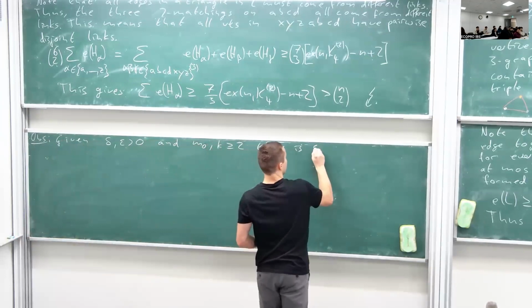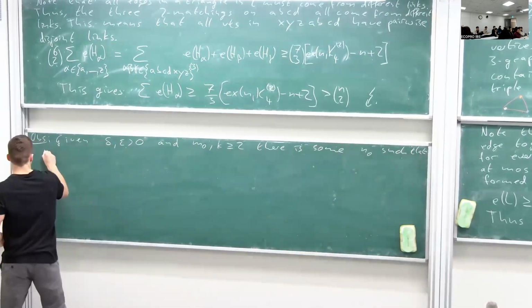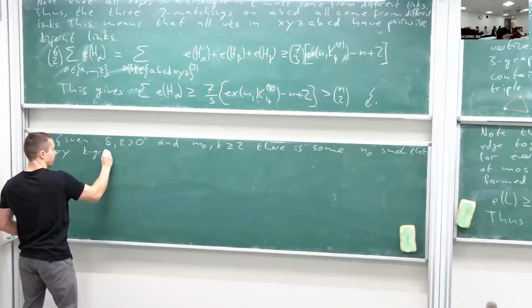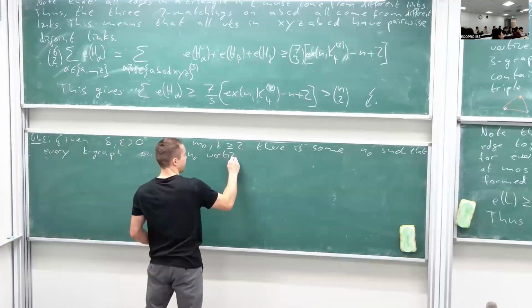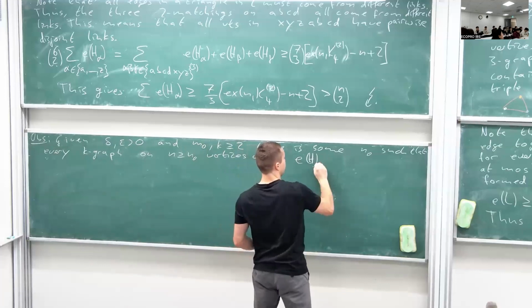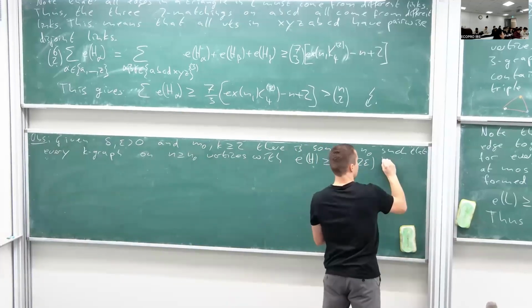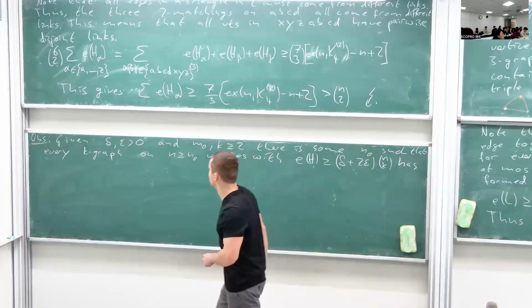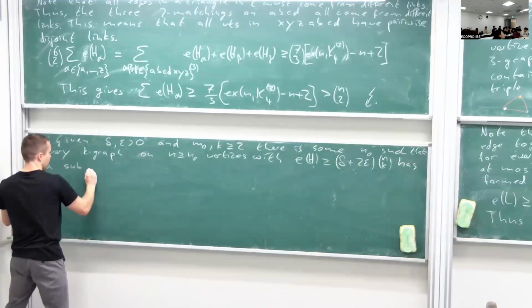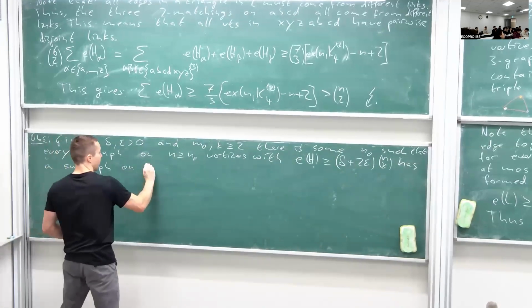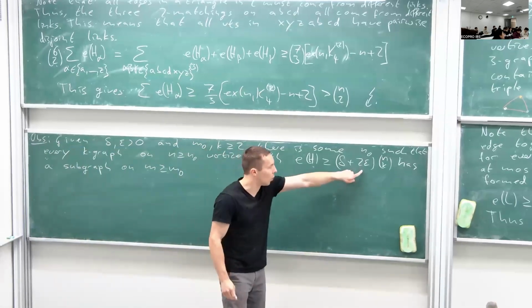There's some n0 such that every k-graph with greater equal n0 vertices with the number of edges being at least delta plus 2 epsilon times n choose k has a subgraph on m greater equal to this m0 vertices, which has minimum degree, essentially what the average degree is that we expect from that.